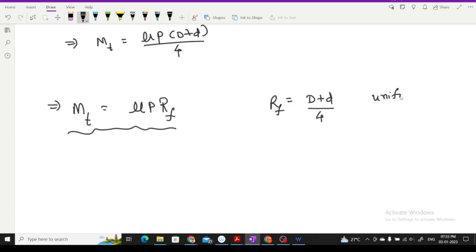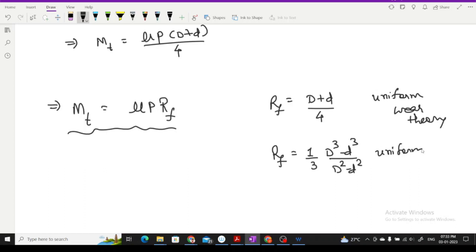This is uniform wear theory, where it will be (D plus d) by 4, while in the case of uniform pressure theory it will be given by this expression. Is this clear? Yes or no?